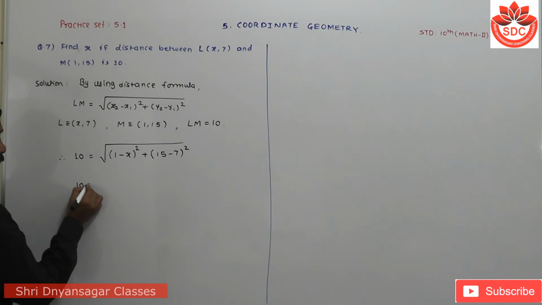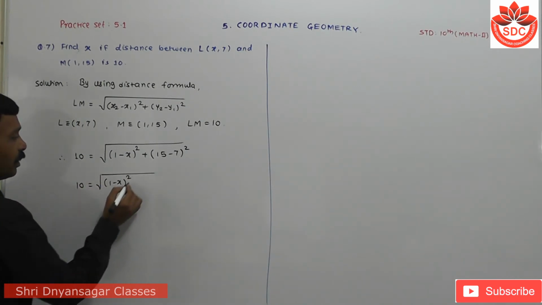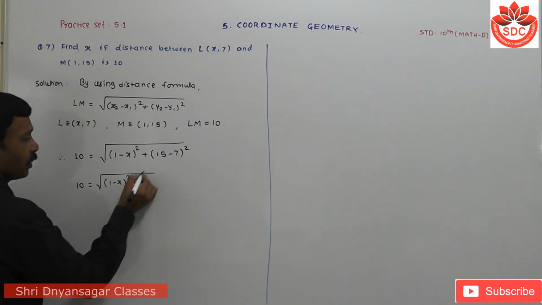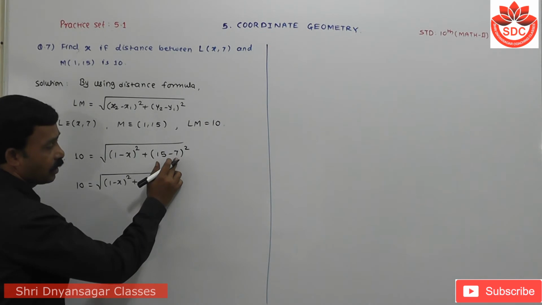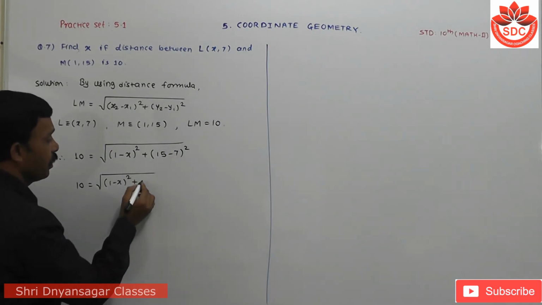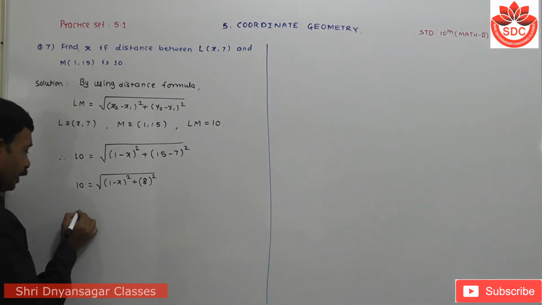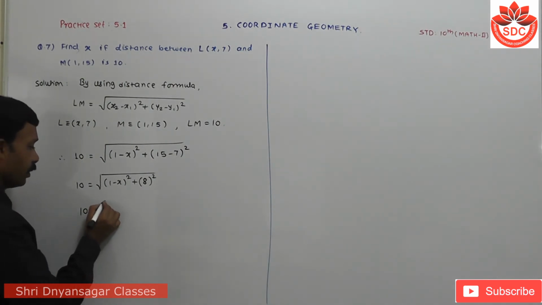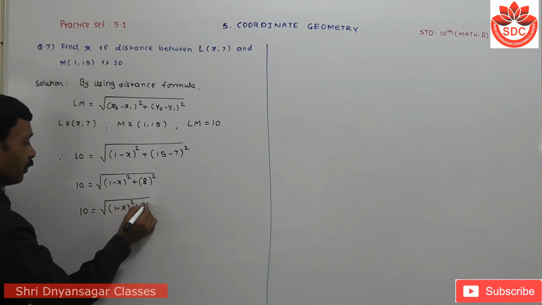Student, this one becomes 10 is equal to root of (1 minus x) bracket square plus, when we subtract 15 minus 7, it becomes 8 square. Then again I will write here (1 minus x) bracket square plus 64.